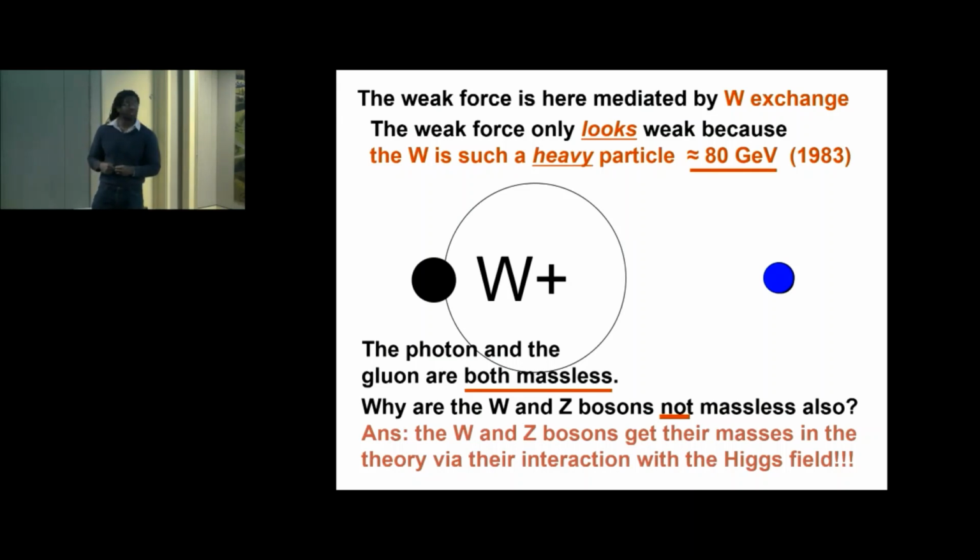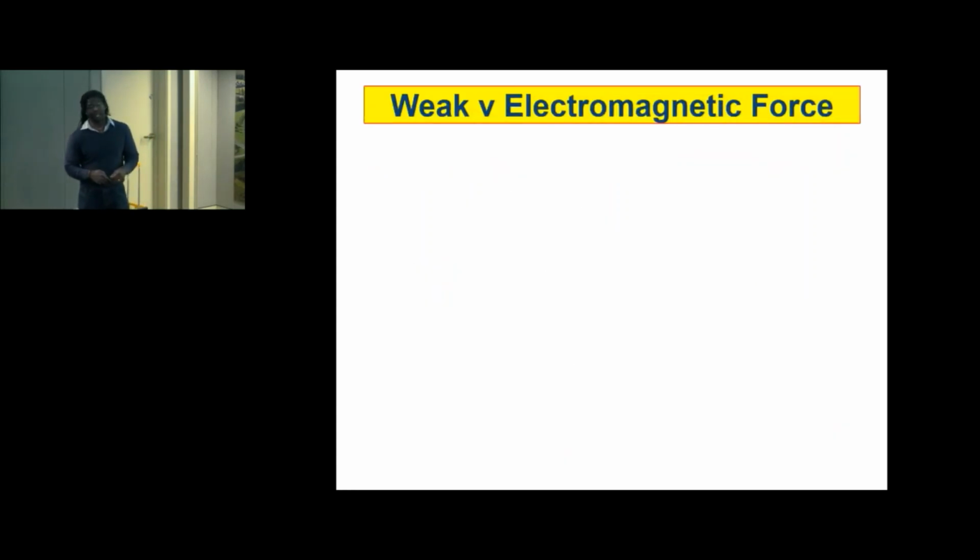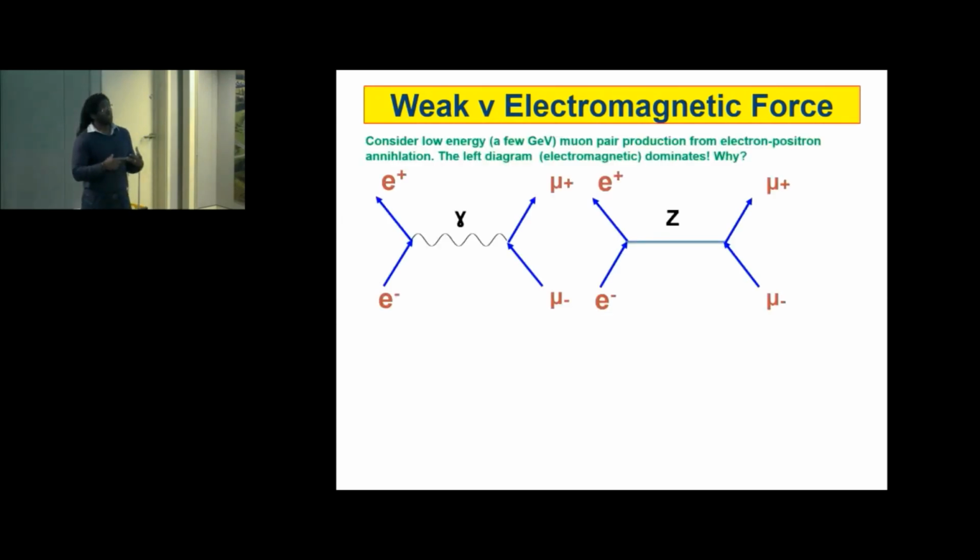That's what the theorists do with Feynman diagrams. From them we have an idea of how we calculate the decay, but also can compare the weak and the electromagnetic force. So we could compare two decays.